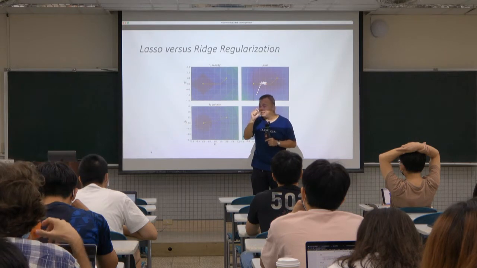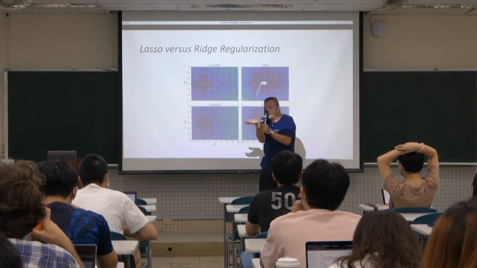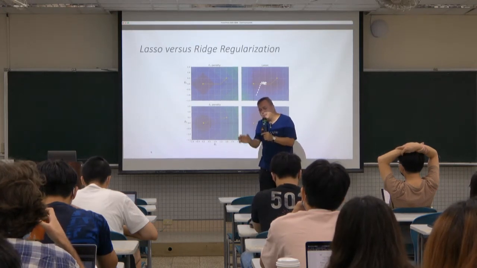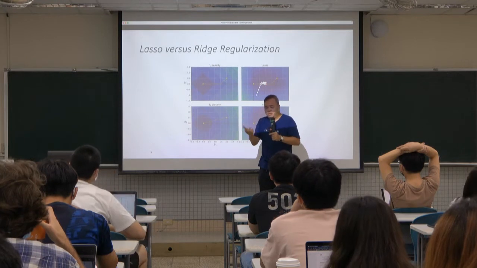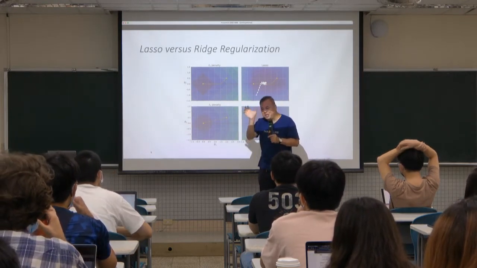But when theta 2 is reduced to 0, you cannot reduce it further because that's the minimum you can get for the absolute value of theta 2.